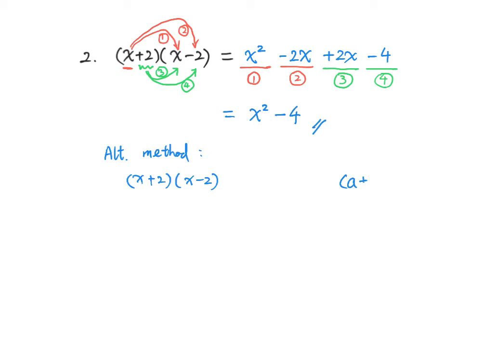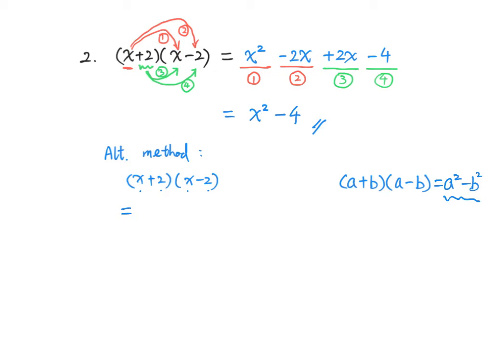So a plus b times a minus b will give us a squared minus b squared. So this is the identity of the difference of 2 squares. We can apply the identity directly: a plus b times a minus b.